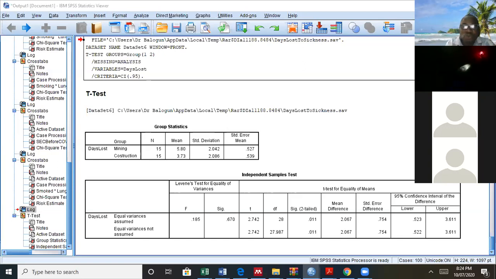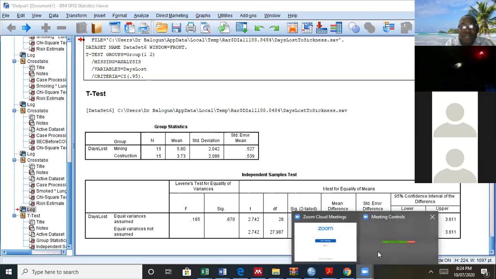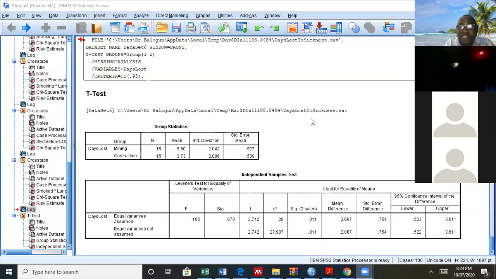Yes, I mean the first two columns. It's testing the variance, whether they are the same or not. It's telling us that the variances are not different now. So equal variances are assumed. You understand me now? And if, let's say, it's different, you're going to see a difference in the value.